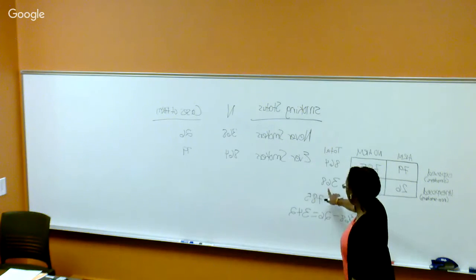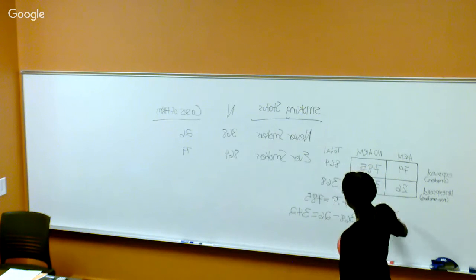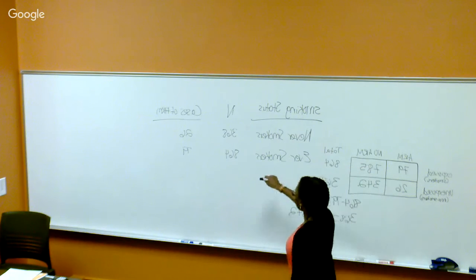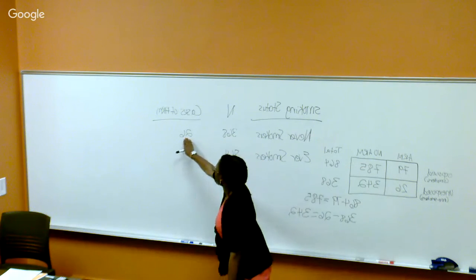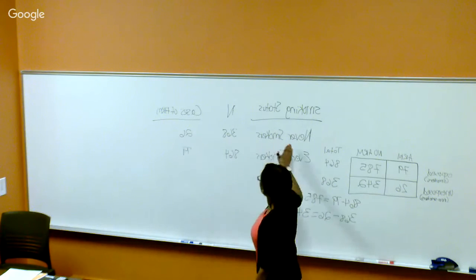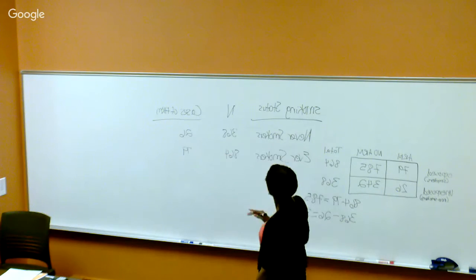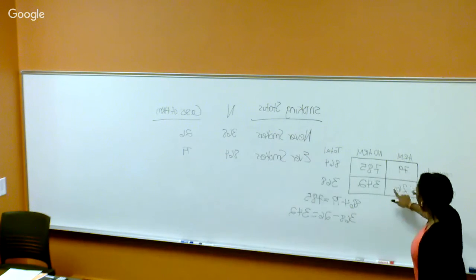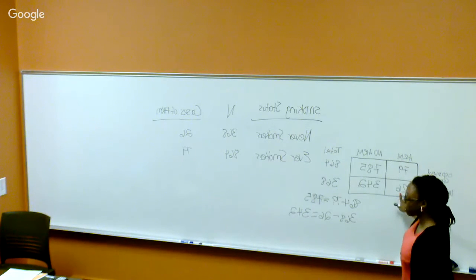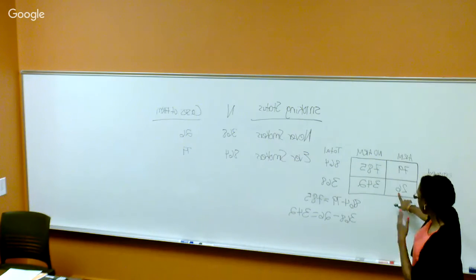You can put that out here on the side, because these sides are always your totals of things. And then it said there's 26 cases of ARM among those never smokers. So that has to go in the cell for non-smokers with ARM. So the 26 goes here.